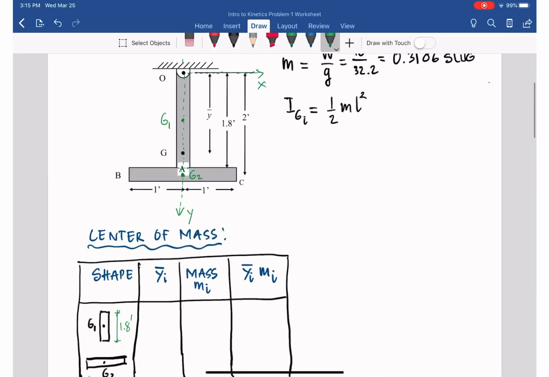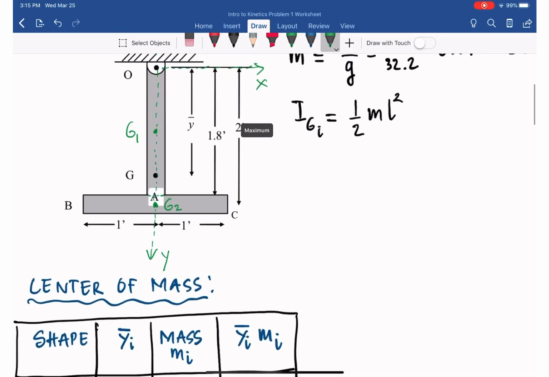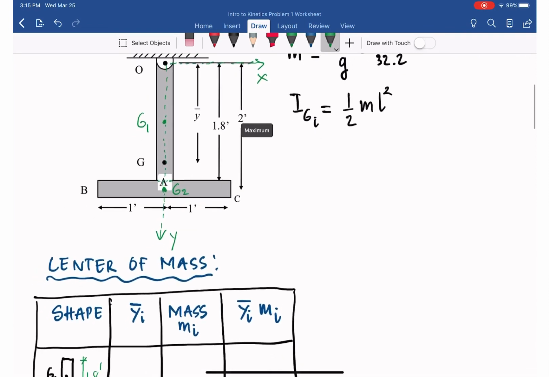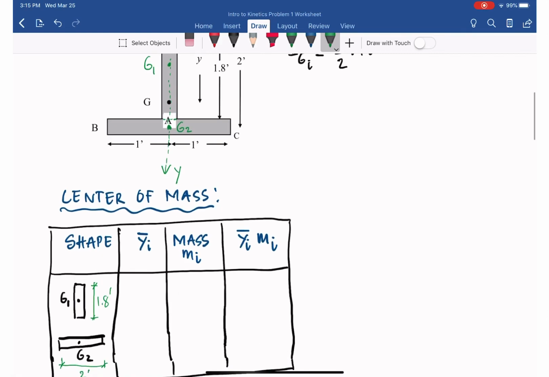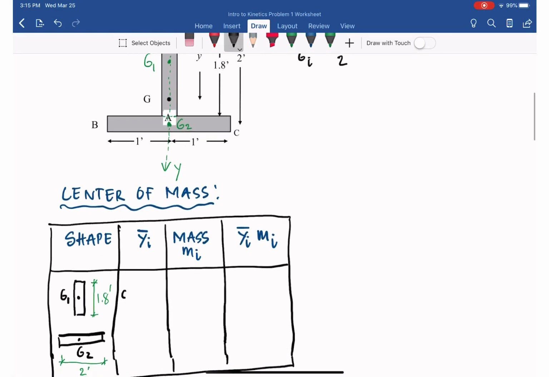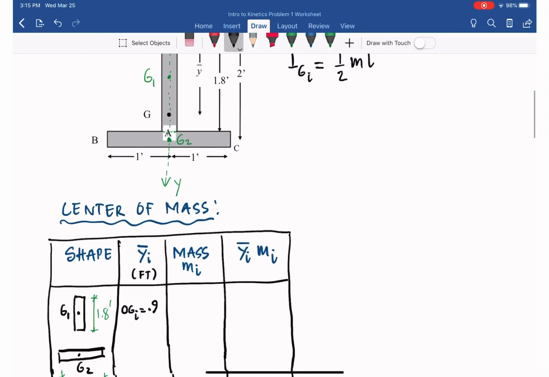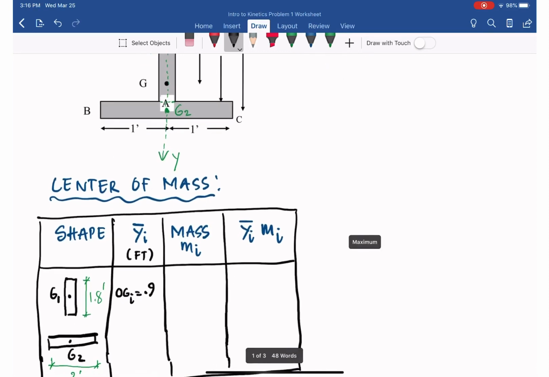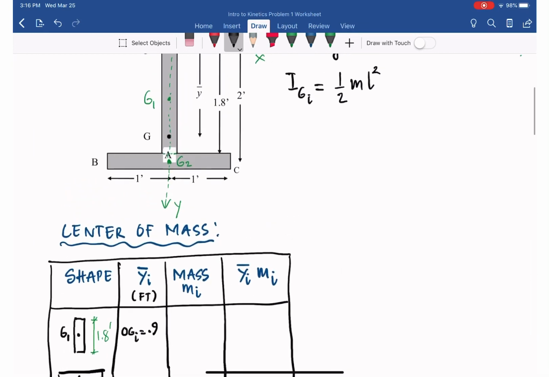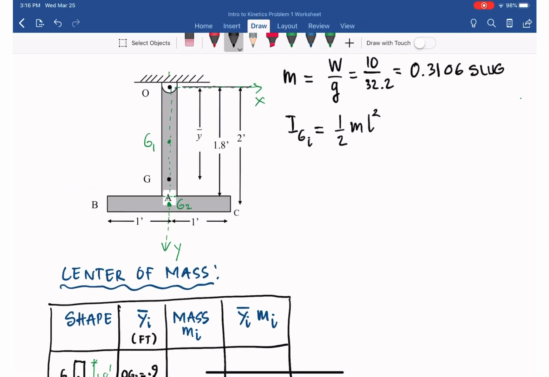In that case, as you can see, the total length is 1.8 feet, so O to G1 will be 0.9 feet. Similarly, for the horizontal shape, G2 to O is 2 feet.